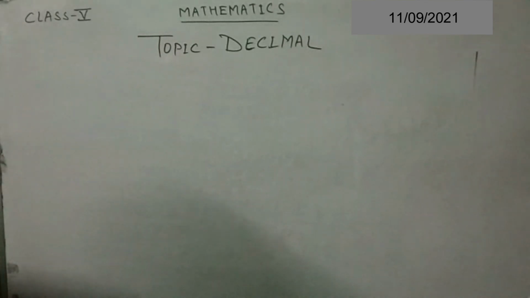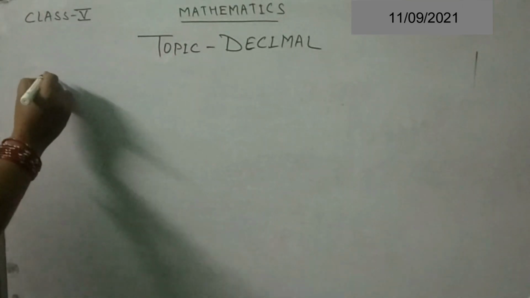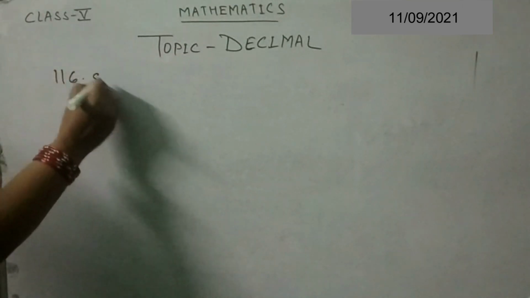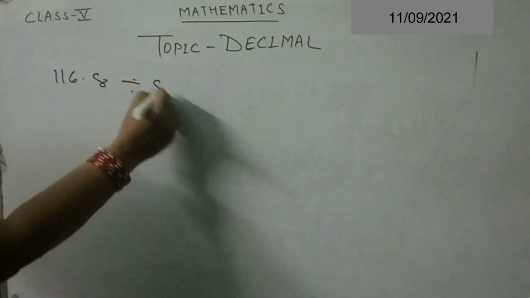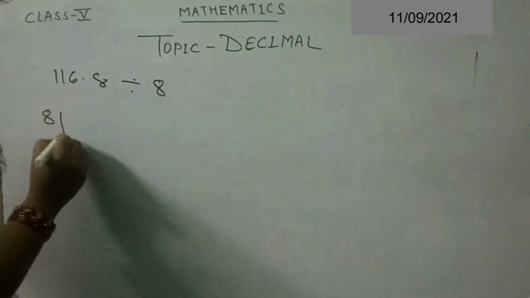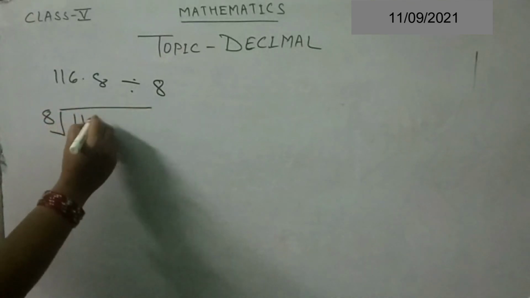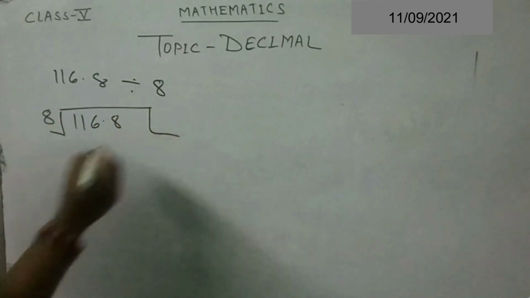Okay. Now one question I am taking from your book. 116.8 divide 8. So write this one. 8 is the divisor, 116.8 is the dividend.